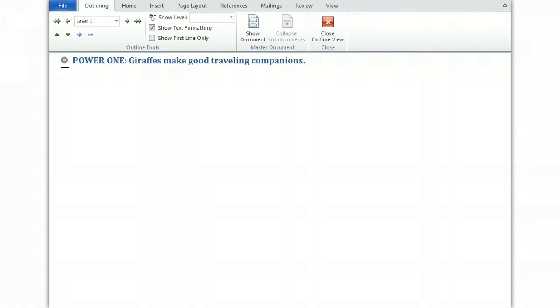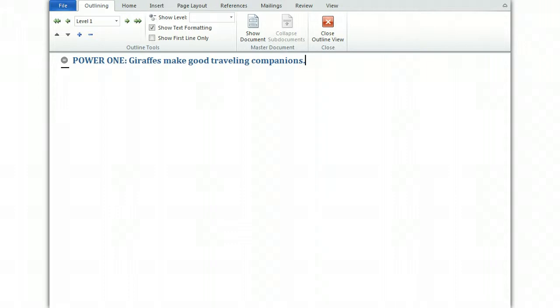So here you can see that I am using the outlining function in Microsoft Office Word in order to create my power paragraph because it is so similar to outlining.